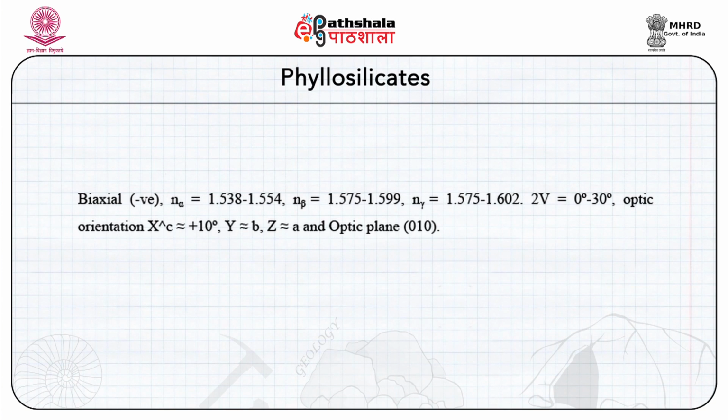The 2V angle varies from 0 to 30 degree. The optic orientation is that the angle between X and C crystallographic direction is plus 10 degree, Y is equal to B and Z direction is equal to A and optic plane is oriented along the 0, 1, 0 phase.